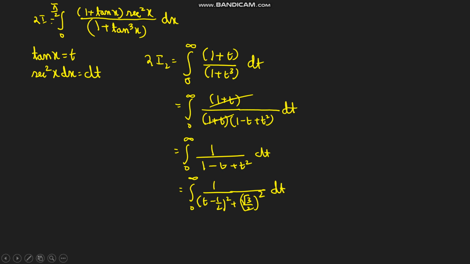We know the integration of this. I'm not putting the limits, I'm doing the indefinite integration right now. It is 2 by root 3 tan inverse of 2t minus 1 by root 3.